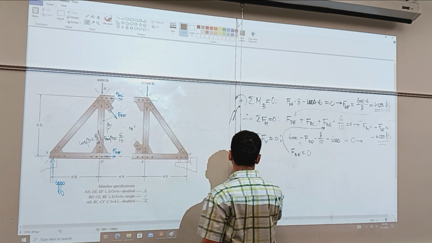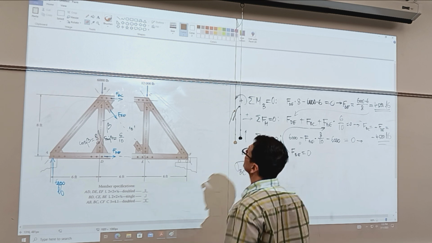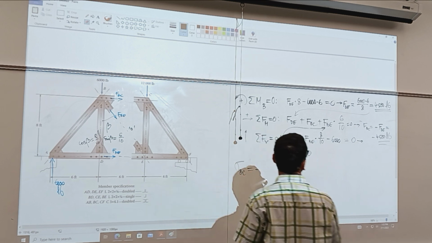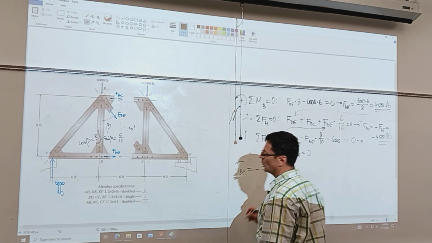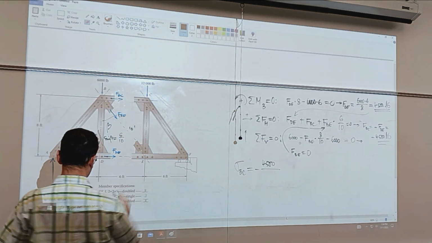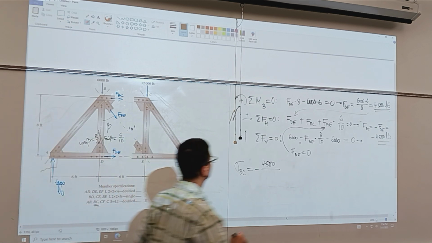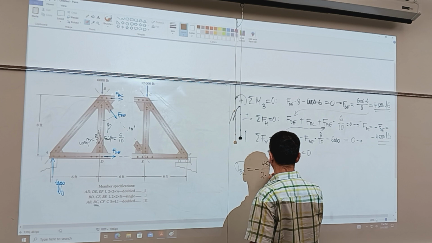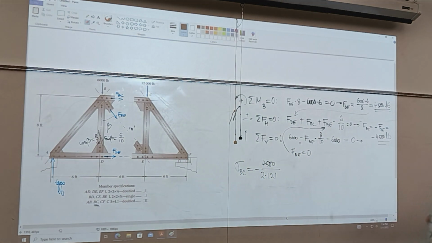So sigma BC is going to be a compressive stress. We saw compressive stress elsewhere, and it's going to be 4,500 over, so what is BC? We look here, BC, the same. So it will be 2 times, what was it, 1 to 1? I don't remember.